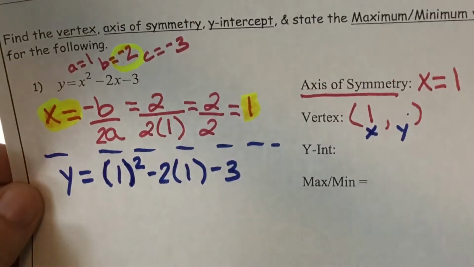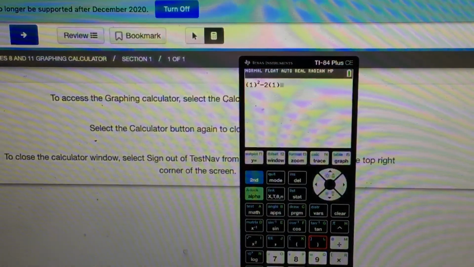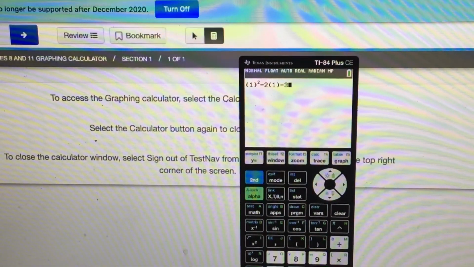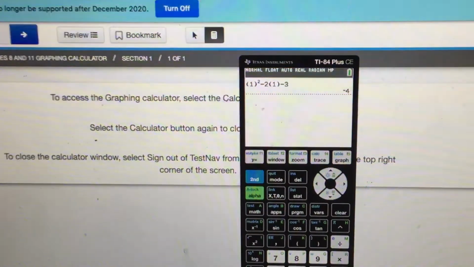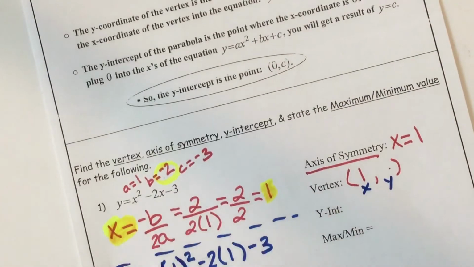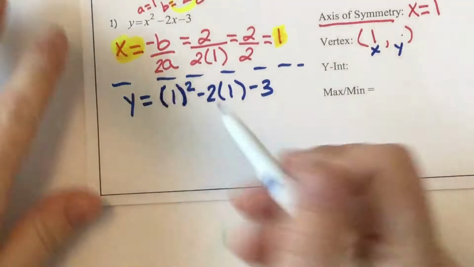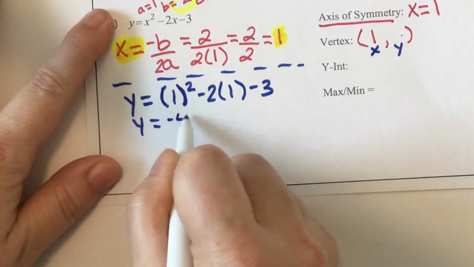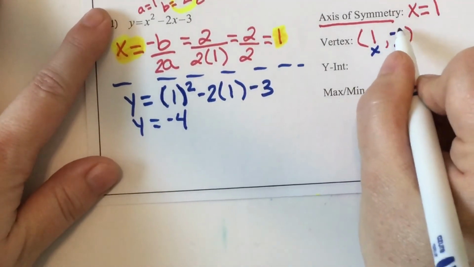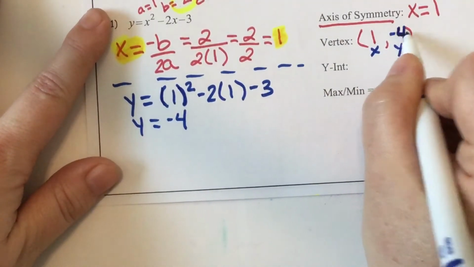And in the back, minus 3. I'm going to hit enter. And that is my y value, -4. So right here, I'm going to write -4. That is the y value to my vertex, and I'm done.